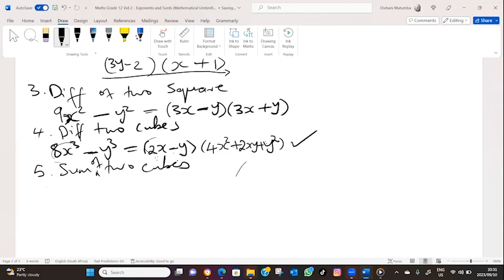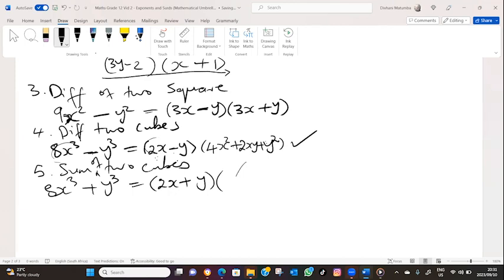Now, let's say, for instance, again, we follow the same principle. The cube root will be, but we're going to put a plus instead.